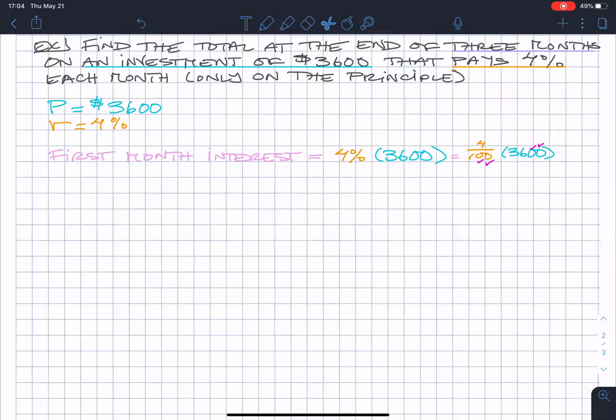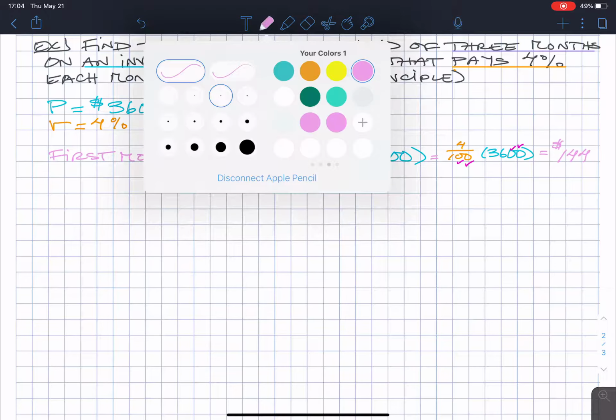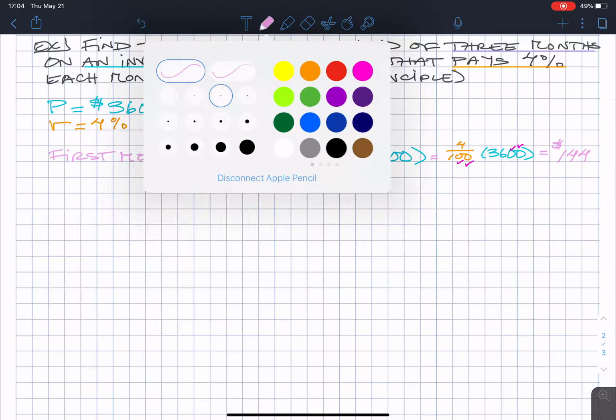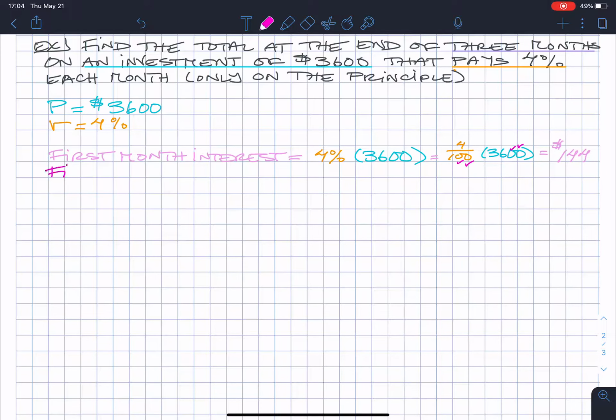But let me first move this a little bit to the left so that I have a little bit more room. Okay, so we're going to get $144. So what is the total? So first month total.